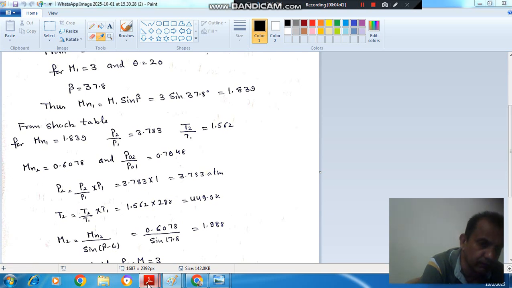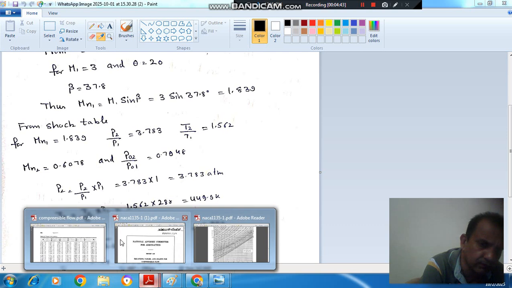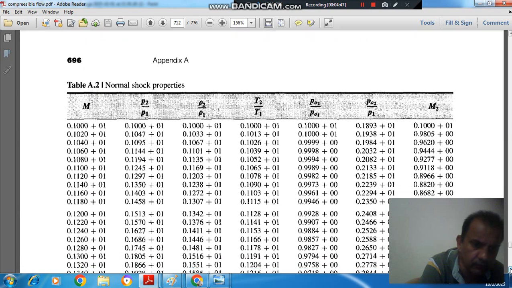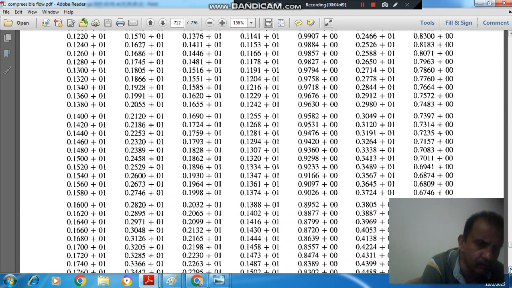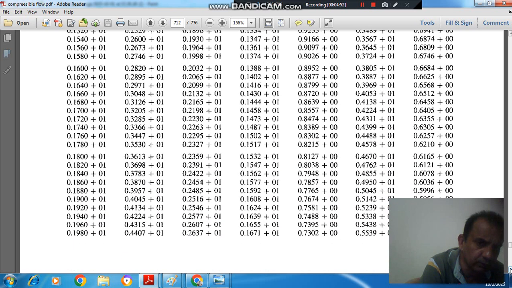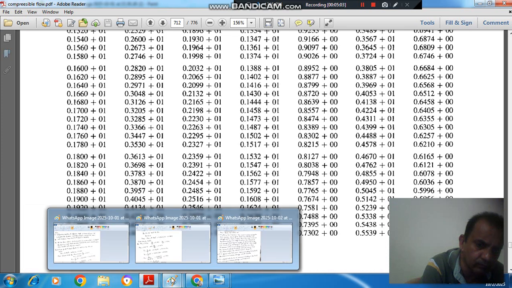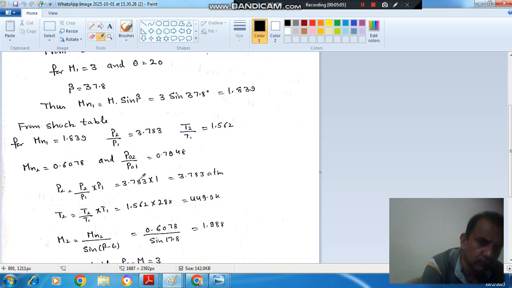So here we can see M2 only at 1.83, it is approximately 0.6078, or here we have taken 0.604, okay, and stagnation pressure ratio is your 0.7948.